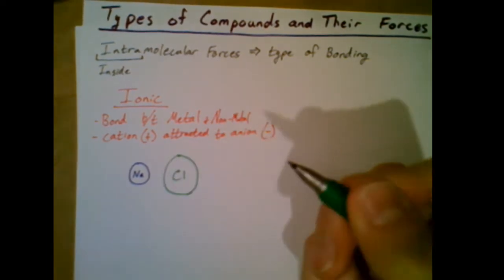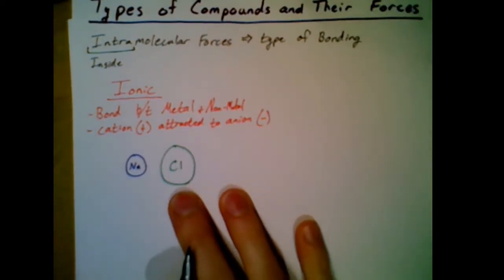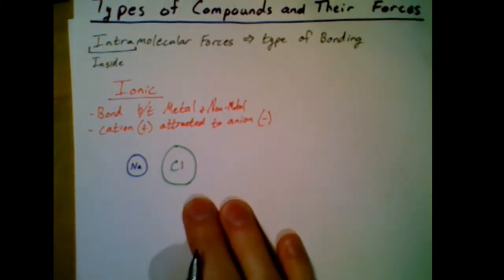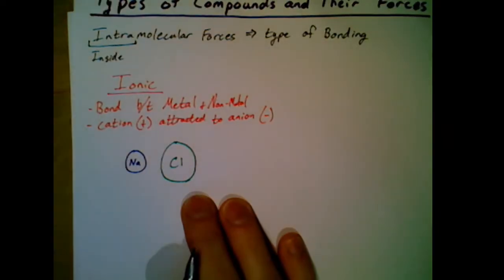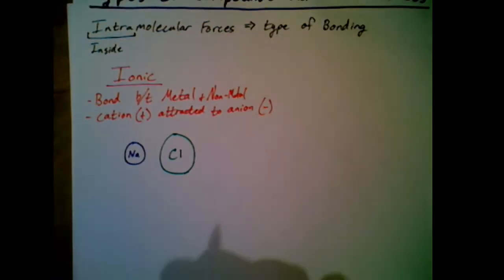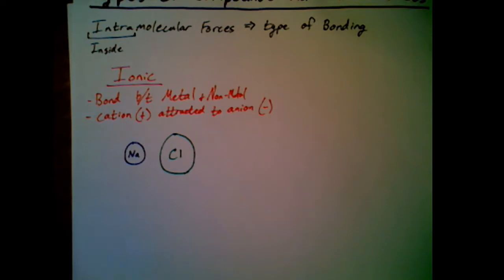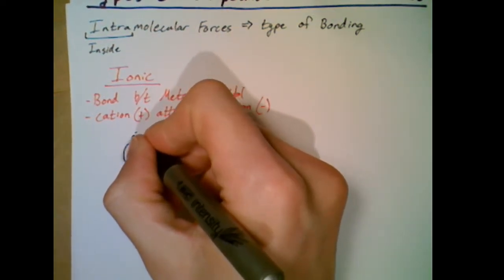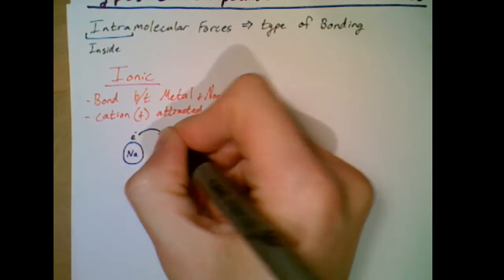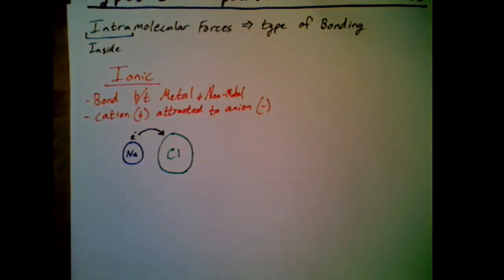I'm going to make this chlorine, because this is a classic example of a metal and a non-metal that come together to form an ionic compound. So what actually happens when these bond? Well, an electron goes from the sodium to the chlorine.